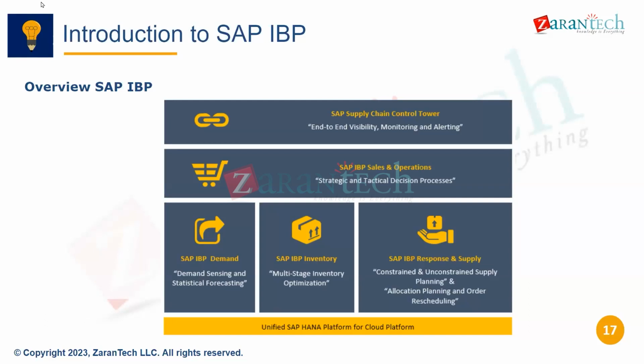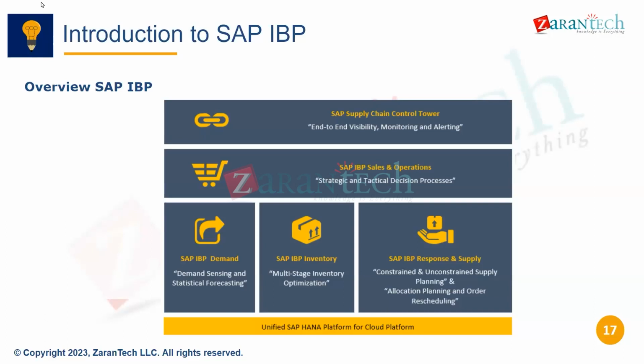Some actions would go as action points for the top management. For example, if you want capital investment, then these are the actions that would go to the top management level from the IBP processes. So this is how the system works.